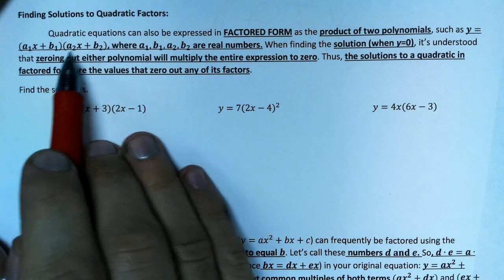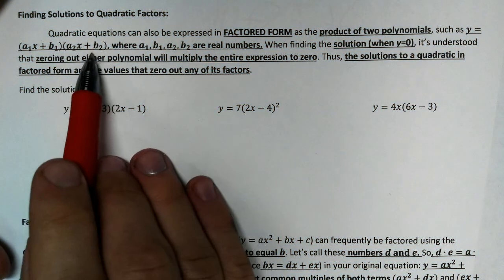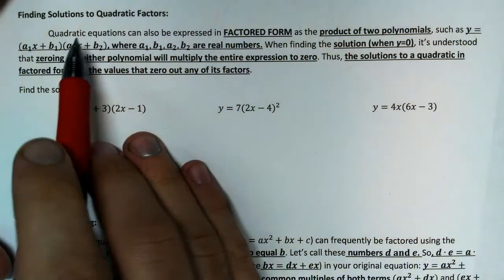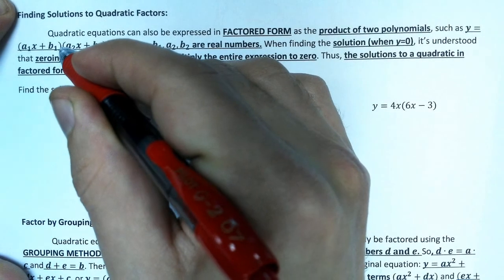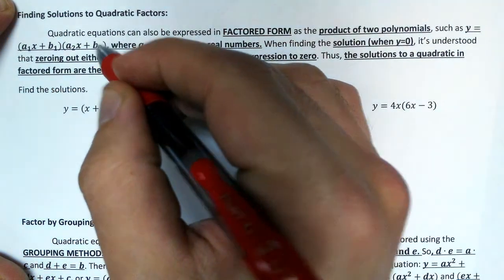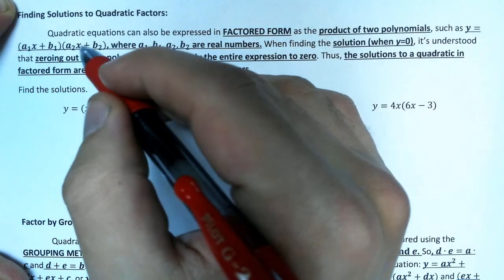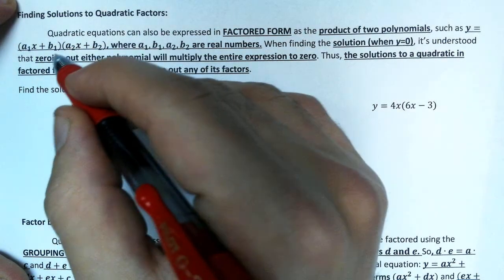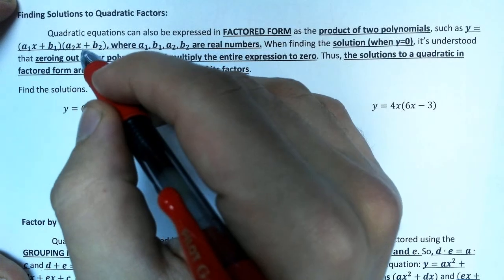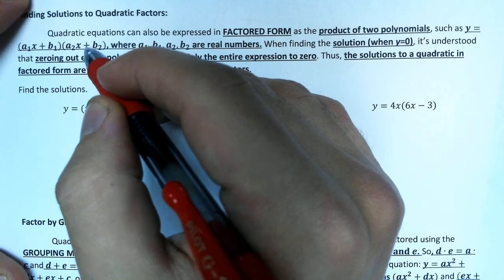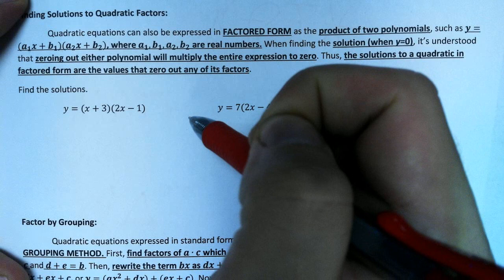Either could be positive or negative, but that's not the main thing we want to take away. What we want to take away is the parentheses in between, which imply that these two terms multiply together. When two polynomials multiply together, we consider that the factored form.